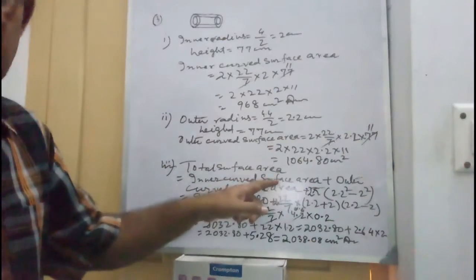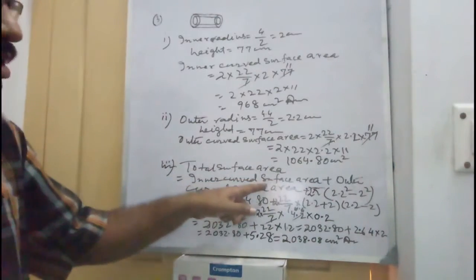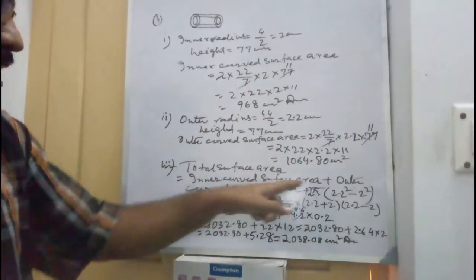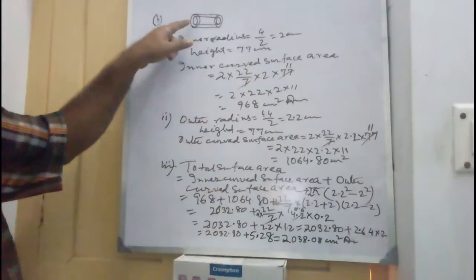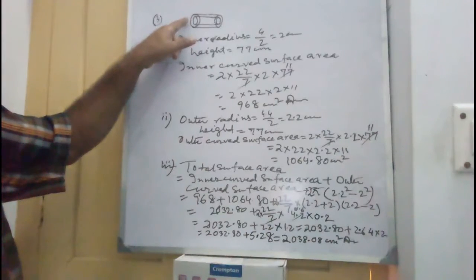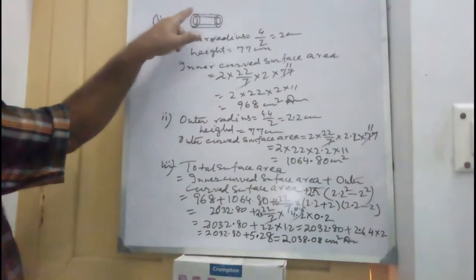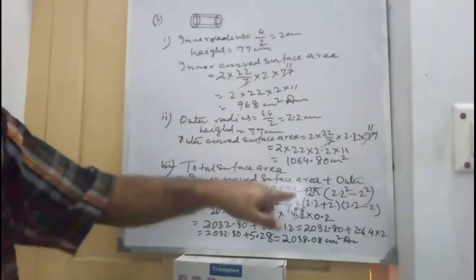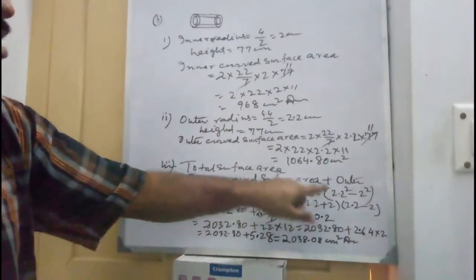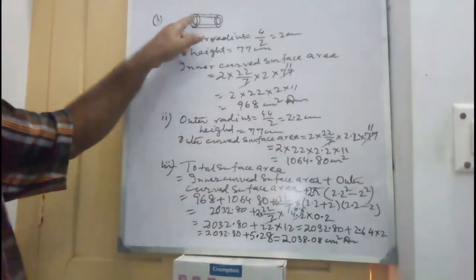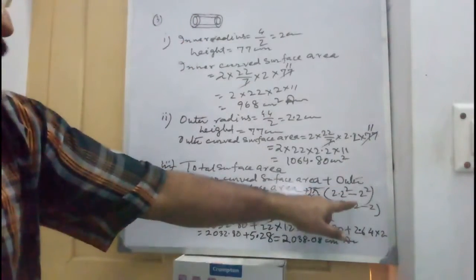The total surface area is inner curved surface area plus outer curved surface area plus two rings, one on each side. The area of a ring is pi, outer radius square minus inner radius square.